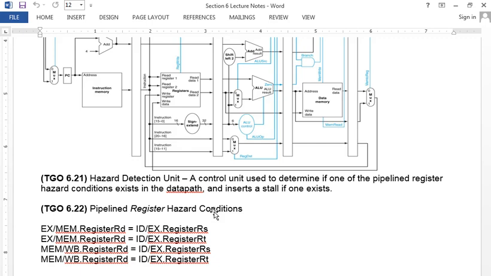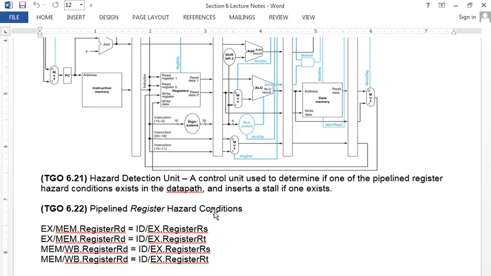So this is the comparisons that the data forwarding unit, the hazard detection unit, does. So EX/MEM.RegisterRd, that means the execution stage here, right? So this is RS and RT, and RD is the result.